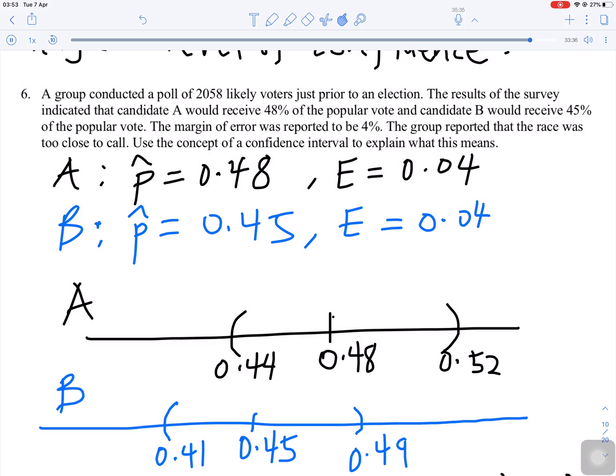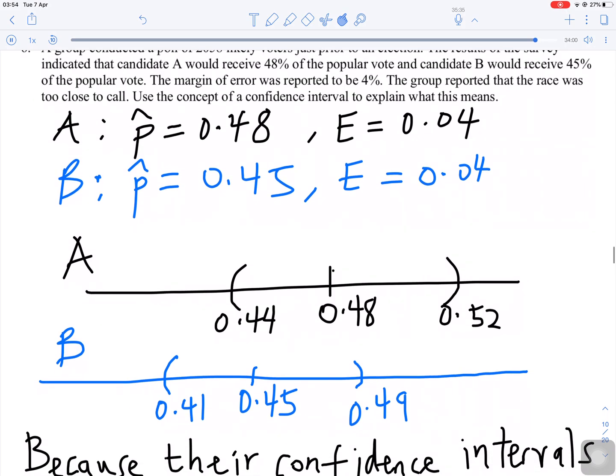So what we can do is draw the confidence interval for A and B, and what we notice is the confidence interval for A is from 0.44 to 0.52, and for B is 0.41 to 0.49. So I try to draw these two confidence intervals side by side.